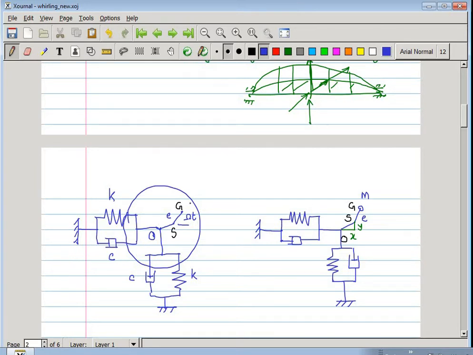Now suppose M is the mass of the disc, the shaft is massless, and E is the eccentricity.